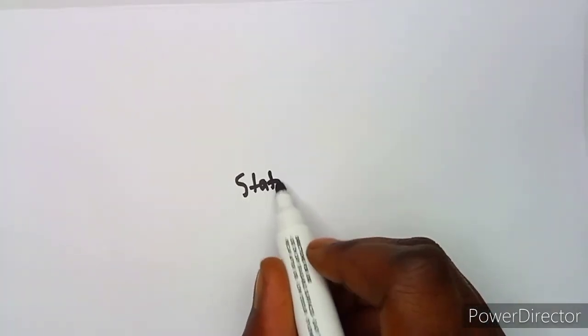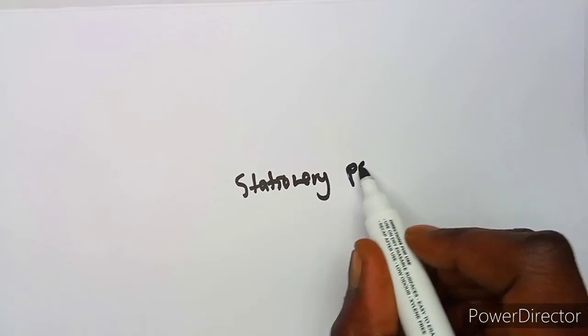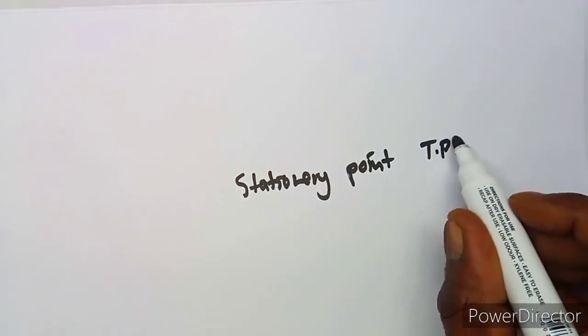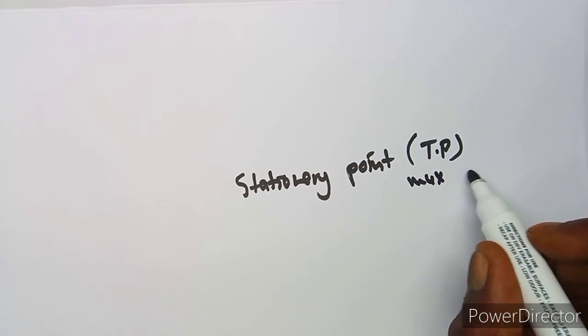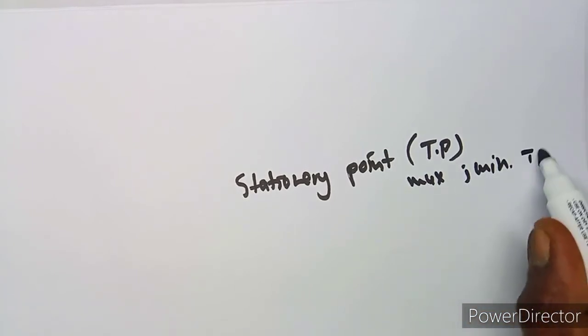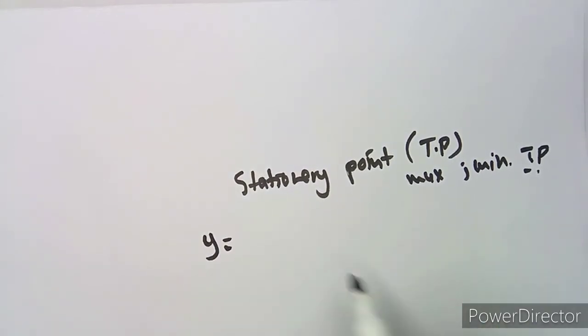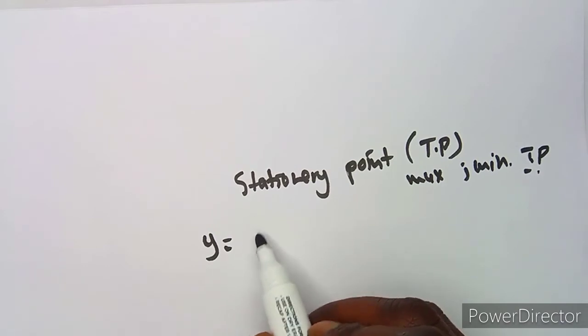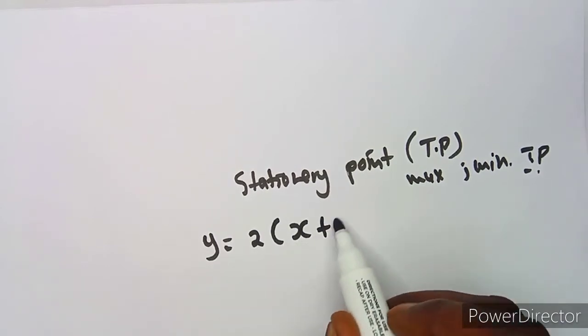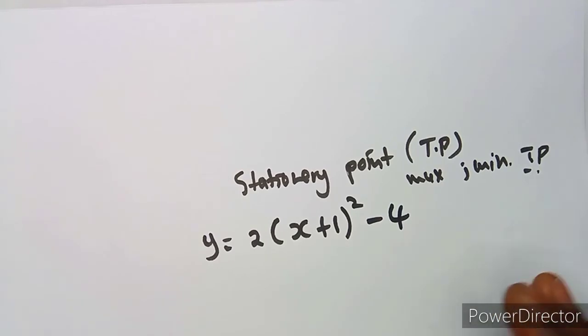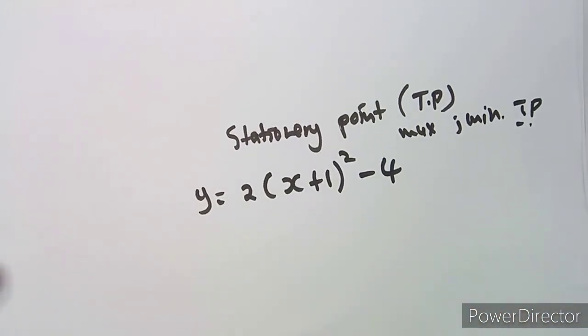This is what I'm trying to say. If you are talking of the maximum and minimum turning points, a turning point is also referred to as a stationary point. A stationary point is a turning point which can be a maximum turning point, or it can be a minimum turning point. So if your function is written like this: y = 2(x + 1)² − 4, you can state the turning point without expanding the equation.